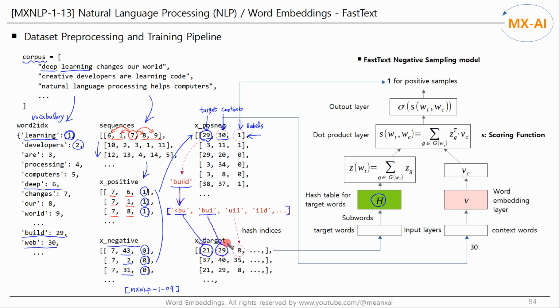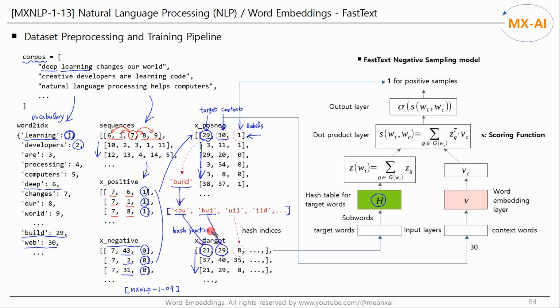Note that different subwords may sometimes map to the same hash index. This is the hash collision problem we discussed in the previous video. We repeat this process for all target words to obtain their hash table indices. As we saw previously, this can be done efficiently using a hash function.